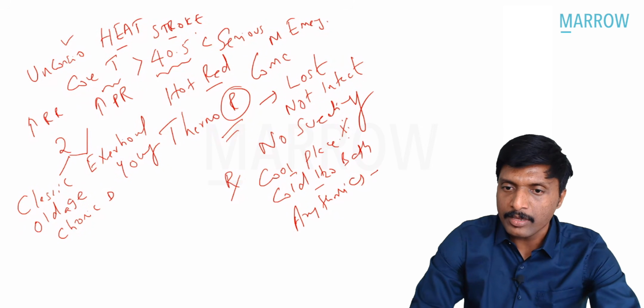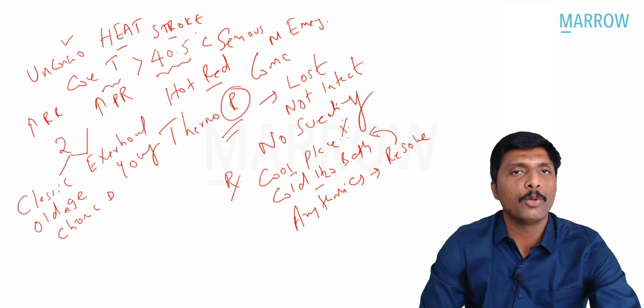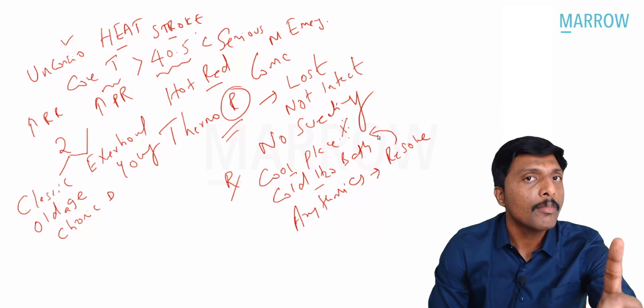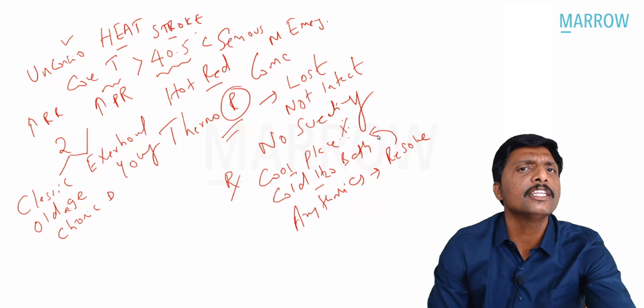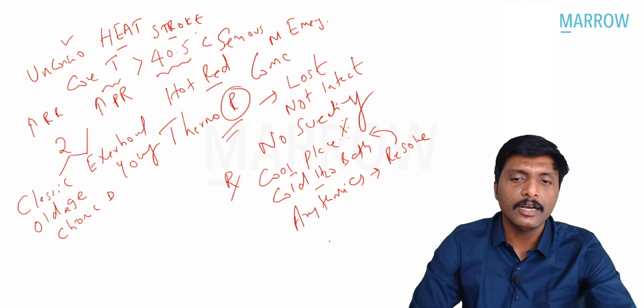And these arrhythmias spontaneously resolve whenever you give the cold maneuvers. Arrhythmias are extremely common in them, but they will quickly resolve spontaneously when you do the cooling treatment maneuvers.